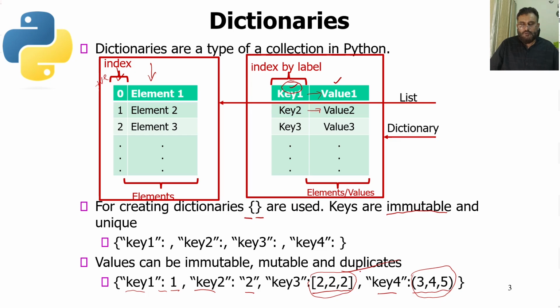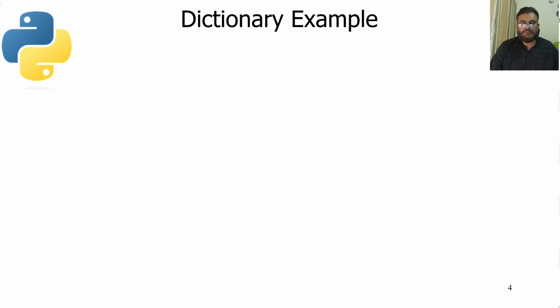And we can also have duplicate values, means we can also, for example, have 2 in this place. So we can have duplicate values against different keys. But it is not allowed to have duplicate keys because that is going to create conflict when we try to access the value corresponding to a key.